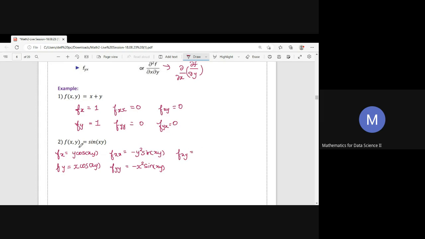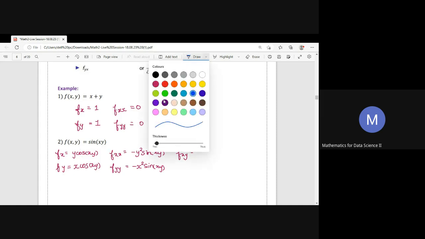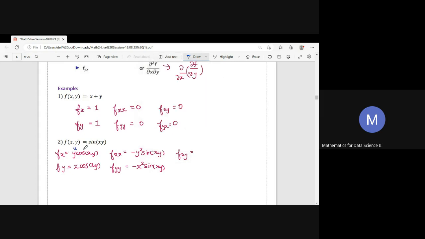So this is the function now. What is the derivative of this function with respect to y? Now, if it is with respect to y, you have to consider this in the form of u and v. So this is your u and this is your v. You have to treat it as uv for f of x comma y. Derivative of this with respect to y you are considering. So what will you get?